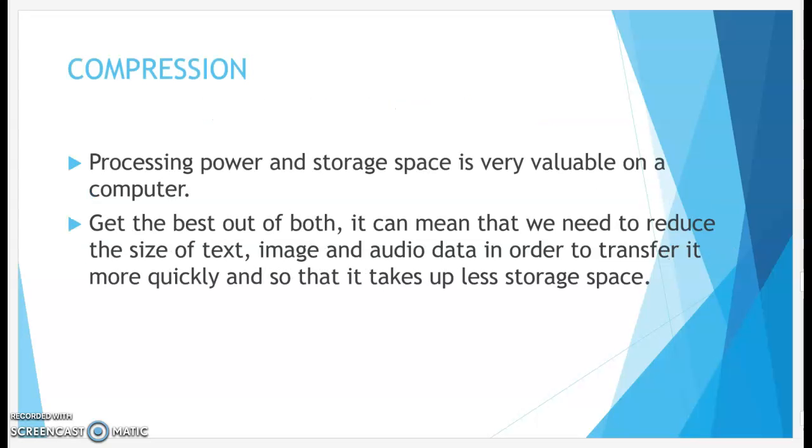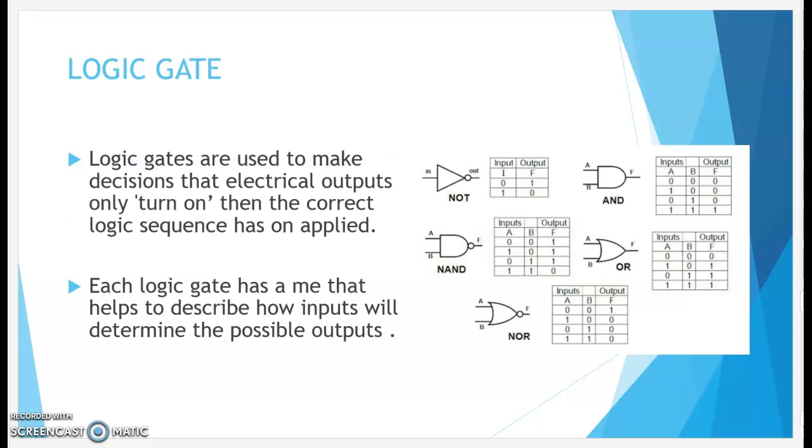Compression. Processing power and storage space are very valuable on a computer. We need to get the best out of both. It can mean that we need to reduce the size of text, images, and audio data in order to transfer it more quickly and so that it takes up less storage space.